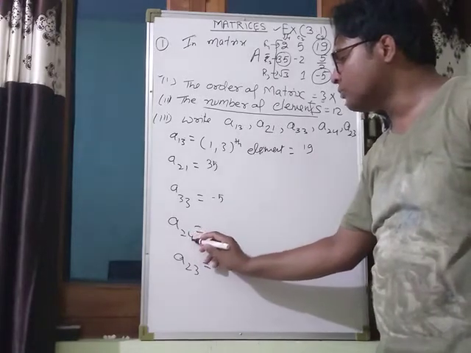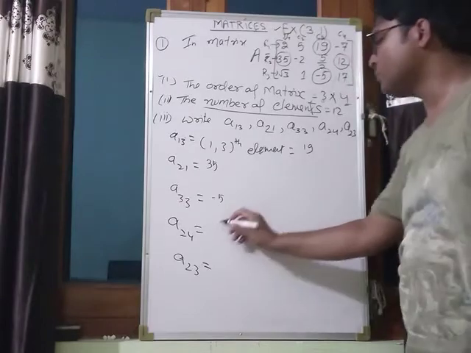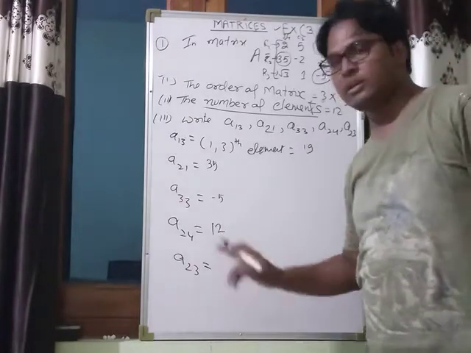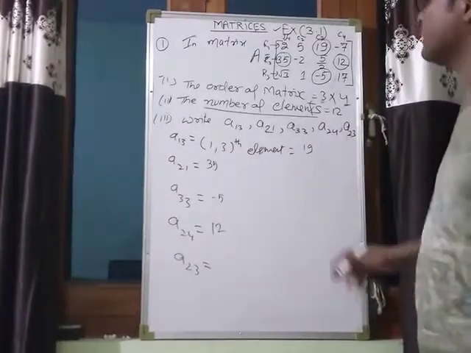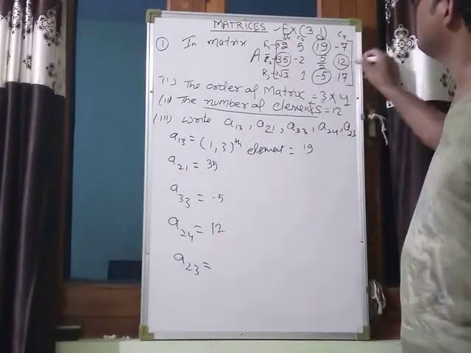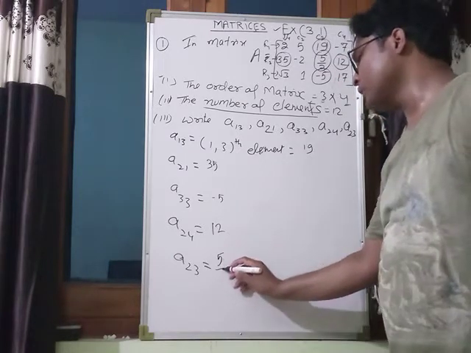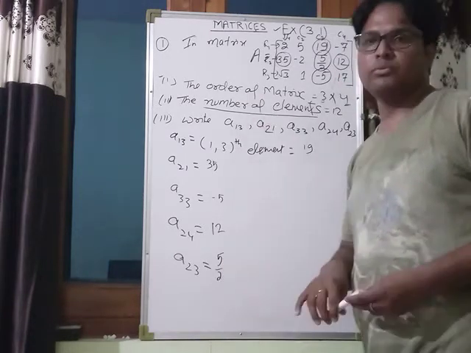A24, second row, fourth column, this one, 12. A23 means the 2/3 entry, second row and third column, this one, 5 by 2. Okay, so that is the solution of the first question.